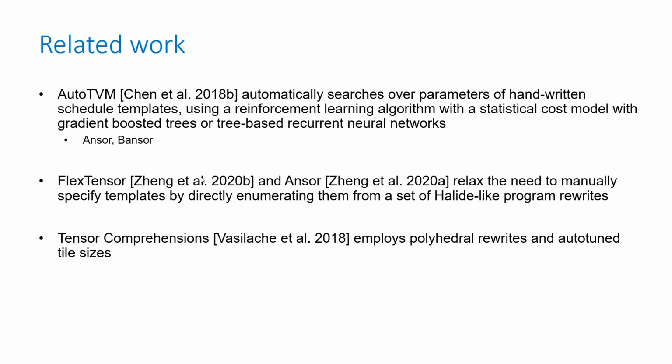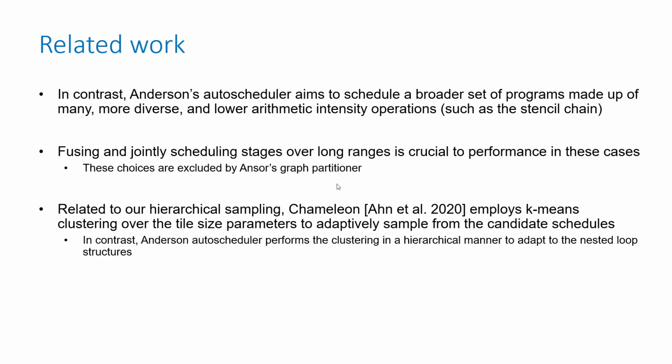There's a couple of interesting papers. And Tensor Comprehensions employs polyhedral rewrites and automated tile sizes. In contrast to TVM, Anderson autoscheduler explores a broader set of scheduling primitives, more diverse, and is targeted for lower arithmetic intensity operations, such as stencil chains that you often find in image processing pipelines.